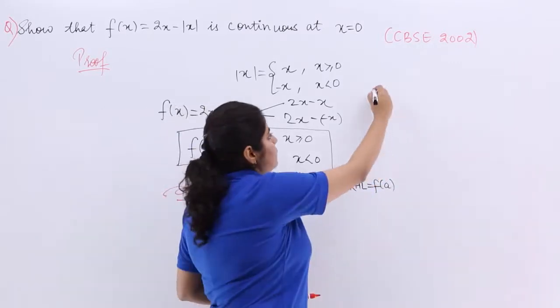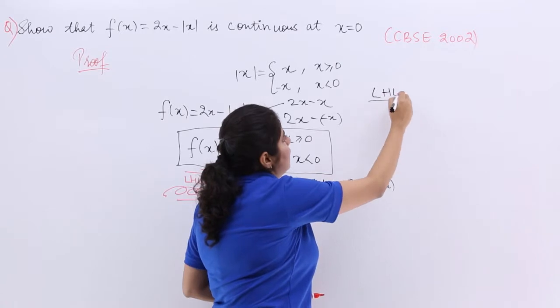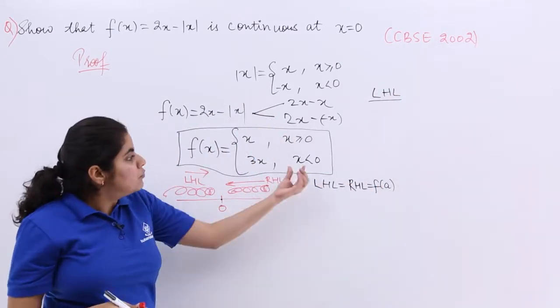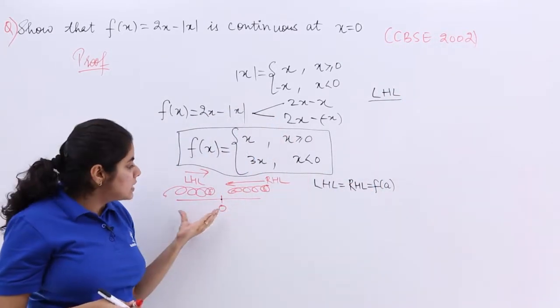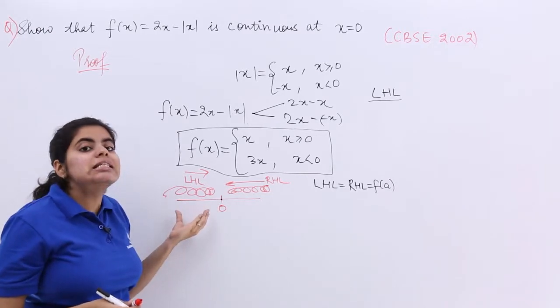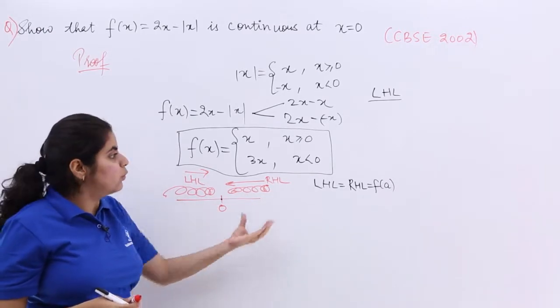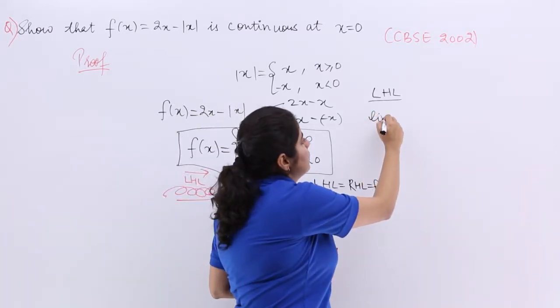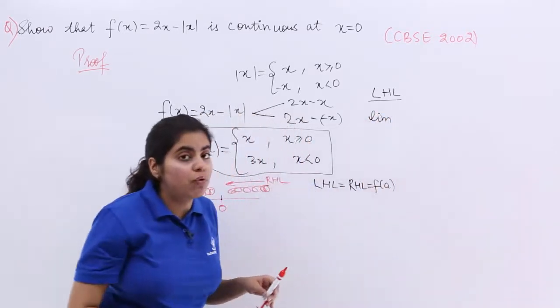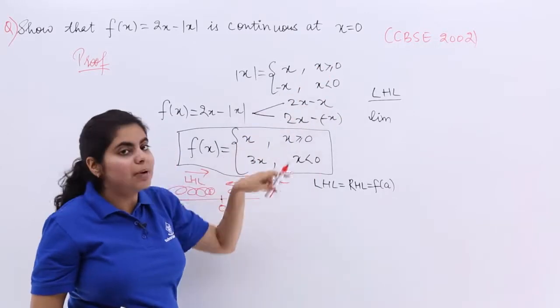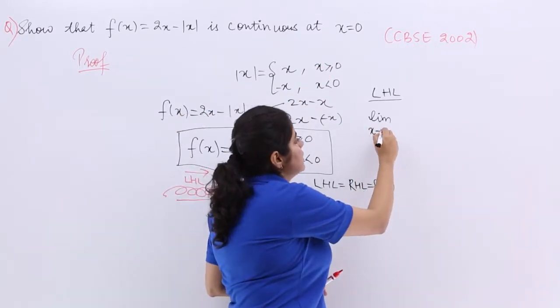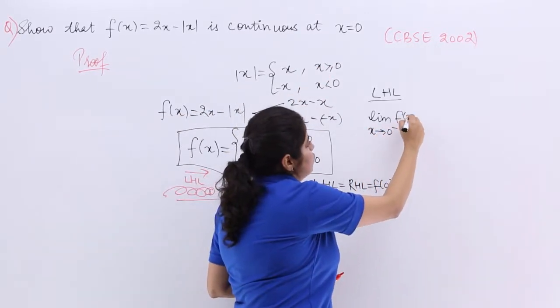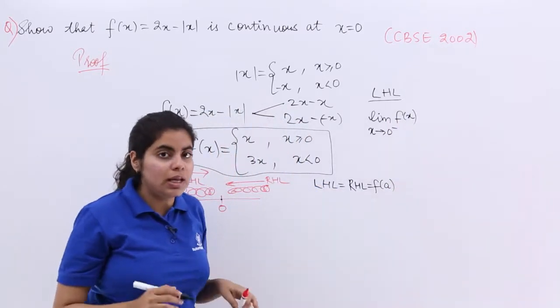Left hand limit is when the value is less than 0, and less than 0 means 3x. So my question changes to the limit as x tends to 0 negative of the function.